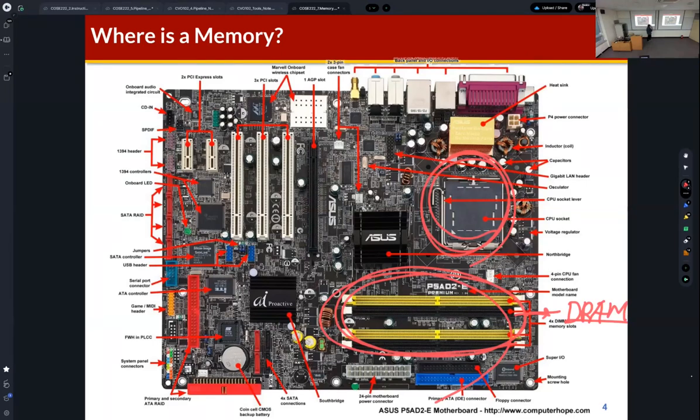As you can see, this DRAM is outside of the processor. And what's the problem? If a certain part is outside of a chip, it will be very, very slow.